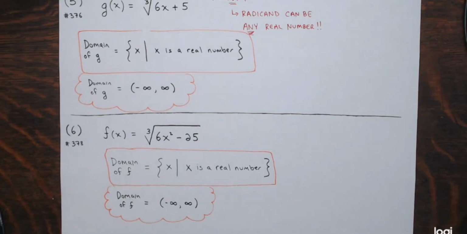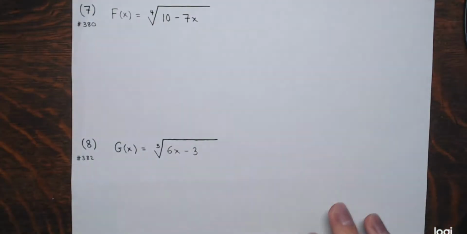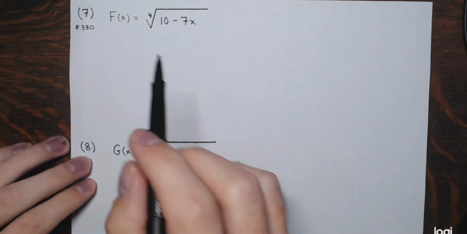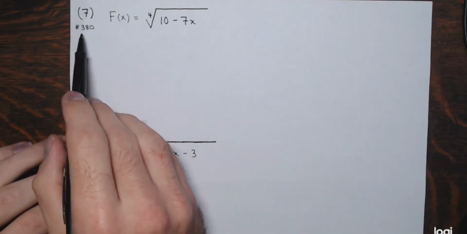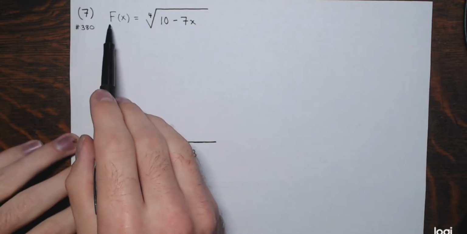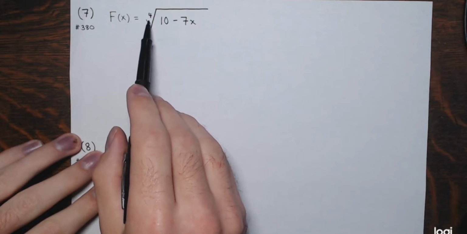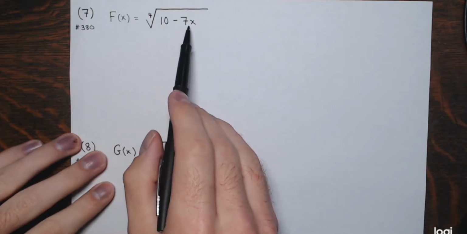All right, next question. And then this next page is my last page. And we got two more questions. And really the key here is paying attention to what kind of root is being taken. So number 7 is exercise 380. We have this function called capital F of x equals the fourth root of 10 minus 7x.